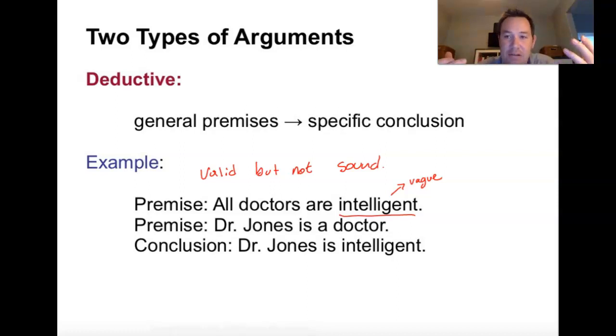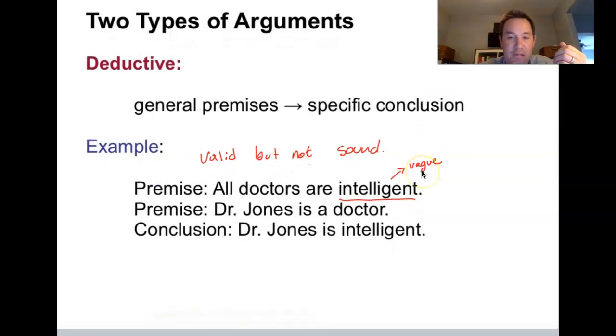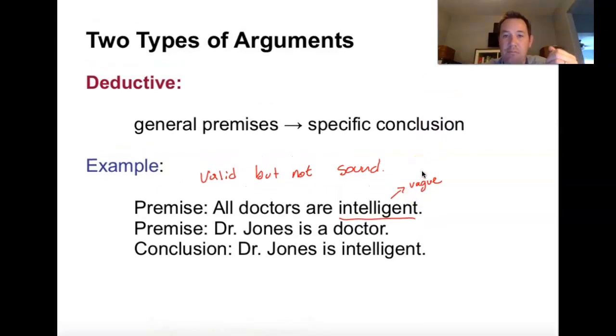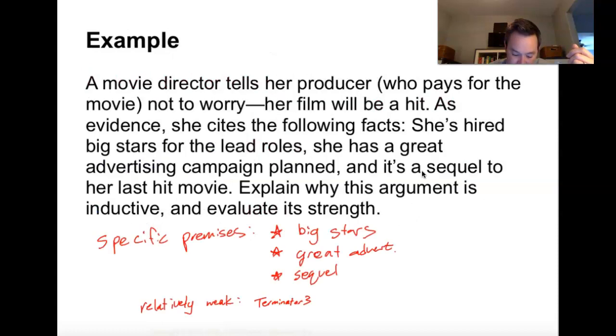There are plenty of doctors who you may not agree with. There was that doctor the other week who said that the COVID vaccine was being kept silent by aliens or whatever. So I think there's an argument against intelligence there. So I think the structure is valid, but I would argue that the argument is not sound, because we can't just necessarily assume in this case that the premises are true.